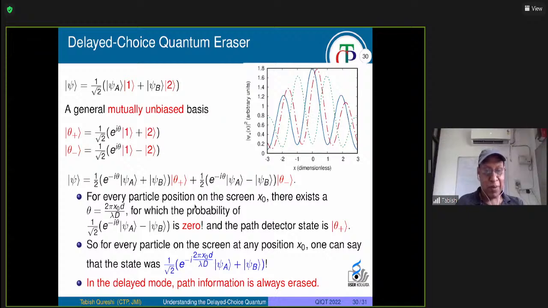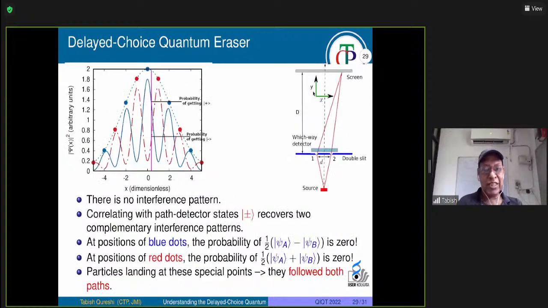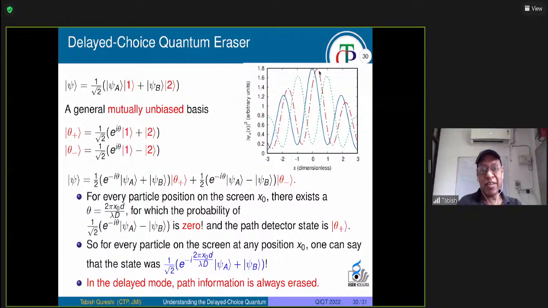Now the important point is this: you were asking why these special points, and what about some point elsewhere? What I am saying is that any point here corresponds to the peak of some other pattern. There will be some theta for which you will get an interference pattern for which this will be the peak.